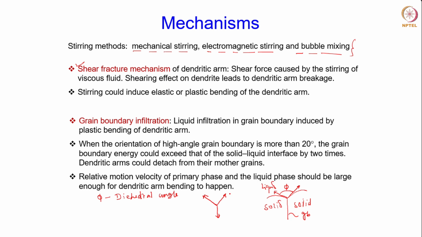So here you have the solid liquid surface energies, gamma SL, and this is the solid surface energy, or the grain boundary energy, and this is the dihedral angle. So if you take a simple balance of forces here, you would get this equation.